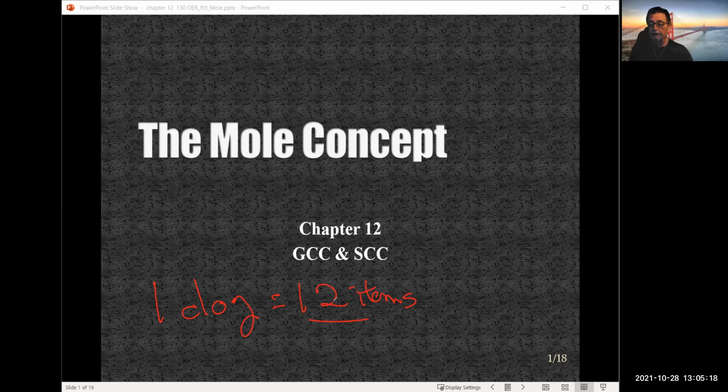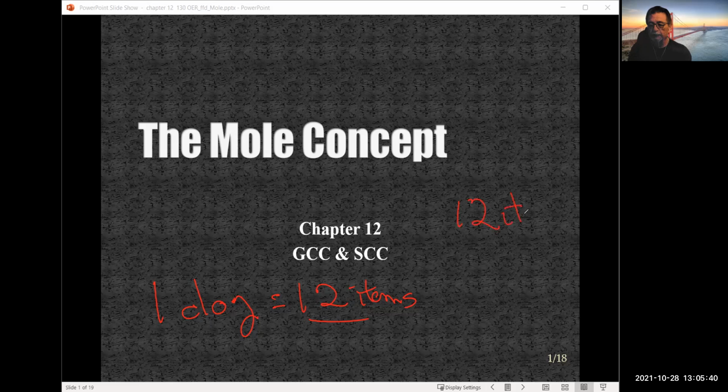It's just a factor. Now, as with any factor, much like what we did in the earlier chapter where we did conversions, it's a ratio. And so we can write that ratio one or two ways.